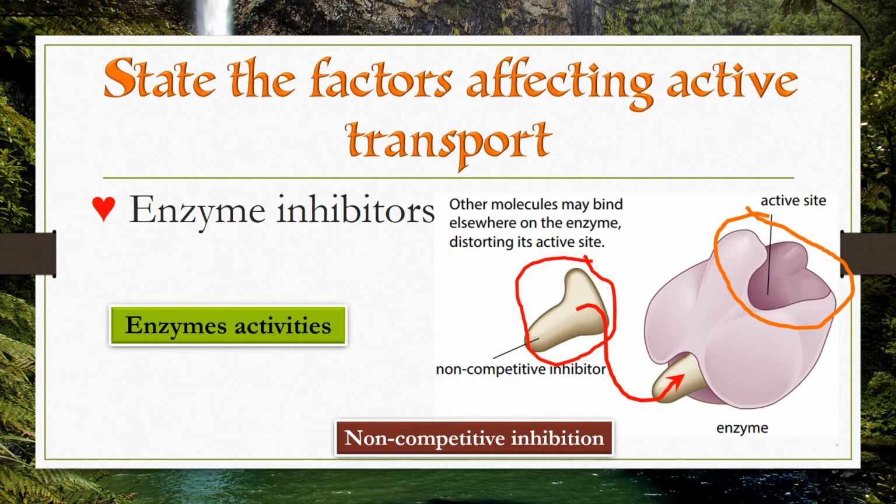And if the substrate cannot fit into the active site, that means that we are affecting the activity of the enzyme. The enzyme cannot work properly. Therefore, the non-competitive inhibitors, by binding somewhere else on the enzyme, not competing for the active site with the substrate, distort the active site of the enzyme, and the enzyme cannot perform its work.